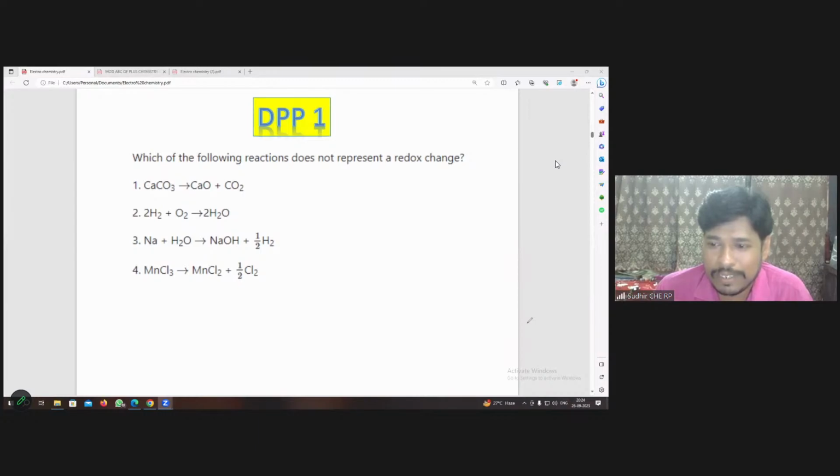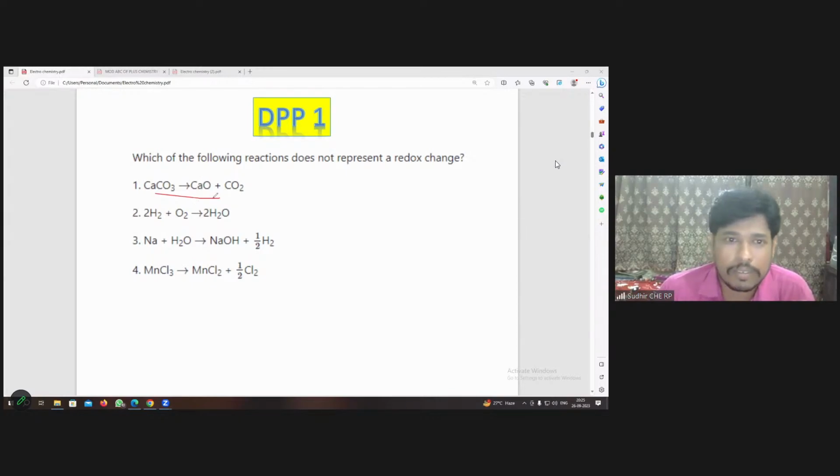Please respond. Anyone? You can unmute and answer this question. Among these 4 given options, which is not a redox reaction? Whenever you want to identify whether it is a redox reaction or not, you need to cross-check the oxidation numbers of the elements. Yesterday also we did the same thing. Now in this first equation, if I say, okay, Esma, tell me, no problem.